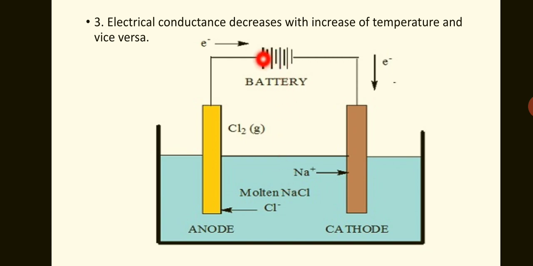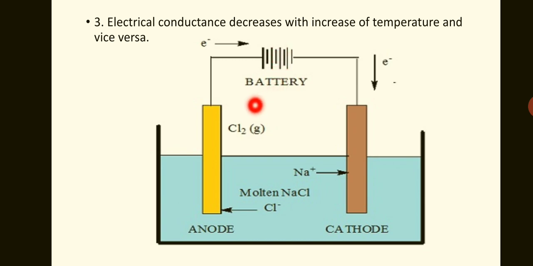When we connect the battery, current starts flowing from positive terminal to negative terminal, so outside the cell current will flow from positive terminal to negative terminal, then it goes into the electrode, then through solution, and electrical conductance in the solution is due to Na plus and Cl minus ions. Free ions are responsible for the electrical conductivity. Then current again goes to the cathode, and from cathode to the negative terminal of the battery.